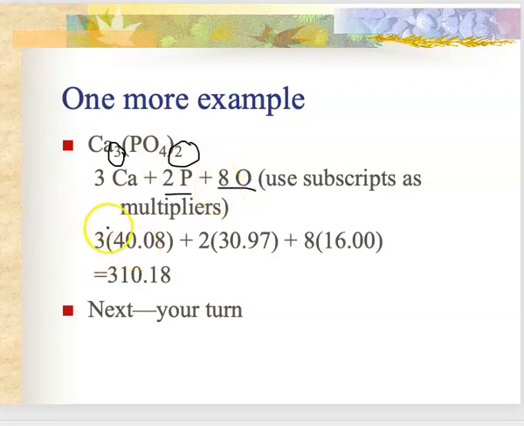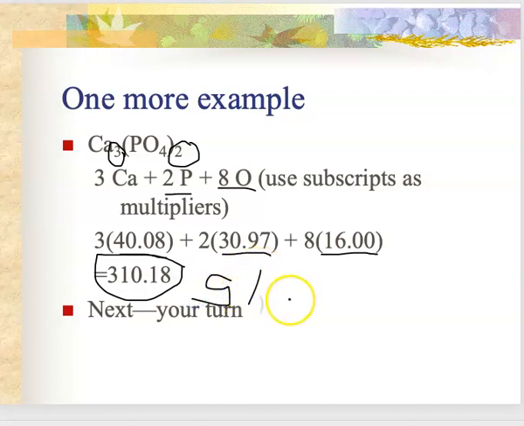And then just looking up all of the elements' masses on the periodic table, I take 3 times calcium's mass, which is 40.08, twice phosphorus's mass, and 8 times oxygen's mass of 16, and I wind up with 310.18 grams per mole in 1 mole of calcium phosphate.